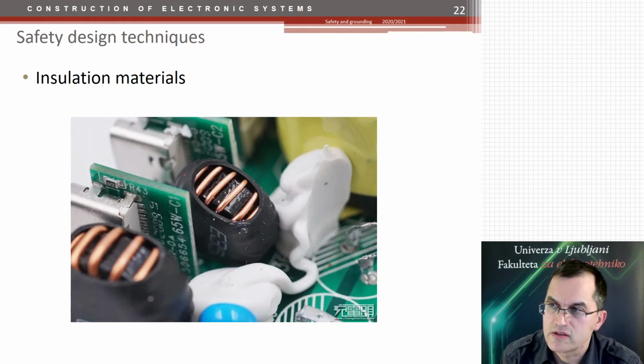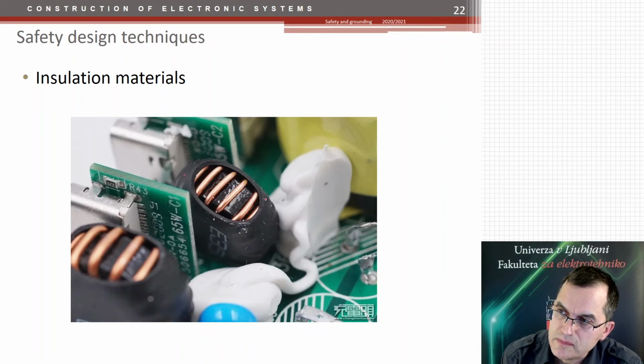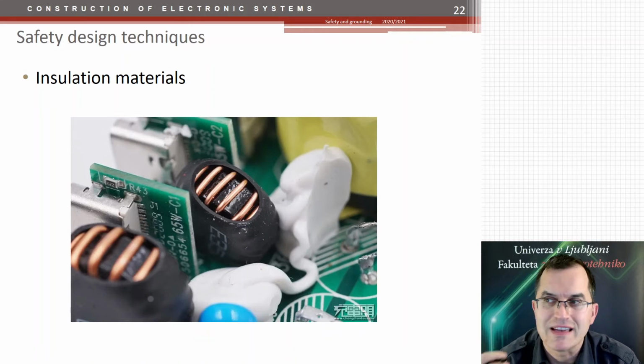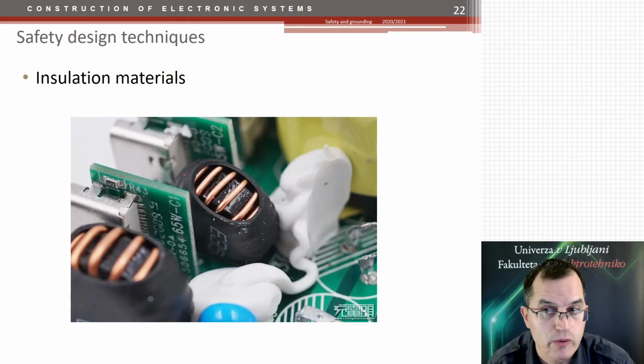This is a thermally shrinkable material, acting as an additional insulation of this device. So that is put over devices which do not have sufficient insulation thickness on their own.